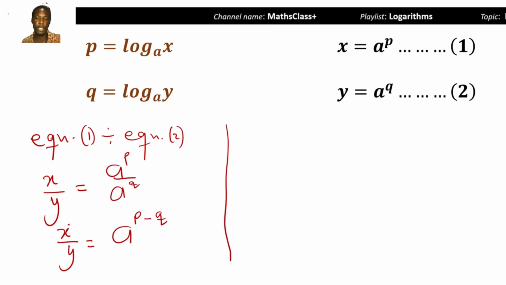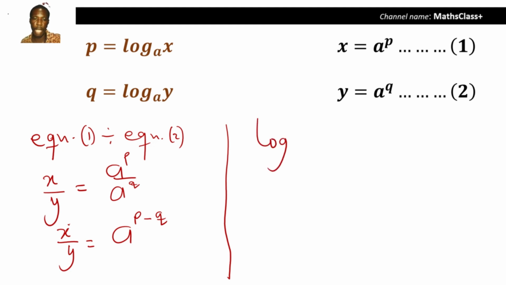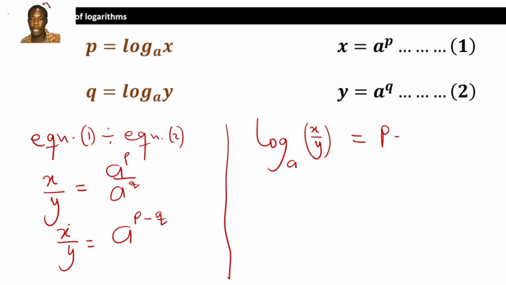Okay, we are going to now change this to logarithm. So we have log, our base is a, and the value is x over y, and the exponent we got is p minus q.